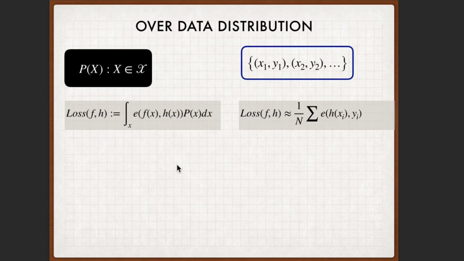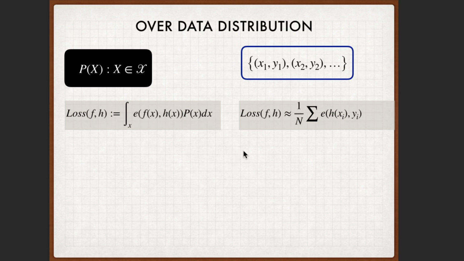On the left hand side of this slide, I show the ideal definition of the loss function, that is the integral over X space weighted by the unknown probability distribution of X, which is actually taking expectation over X of the difference between the predicted value and the value by the unknown ground truth.